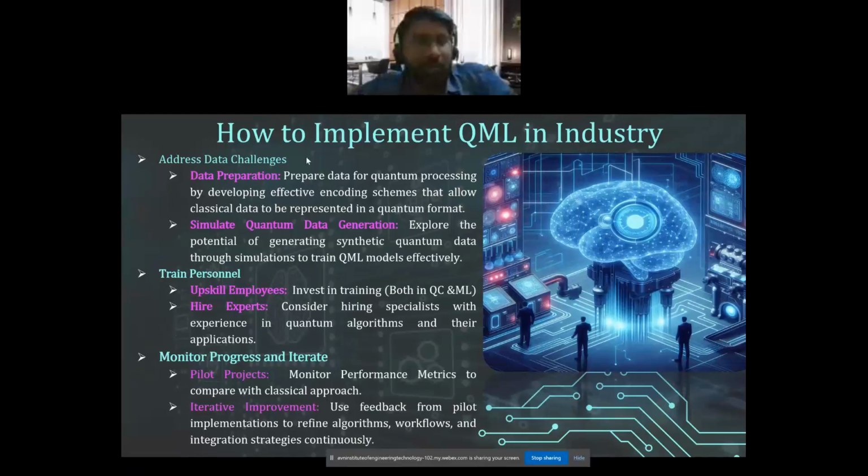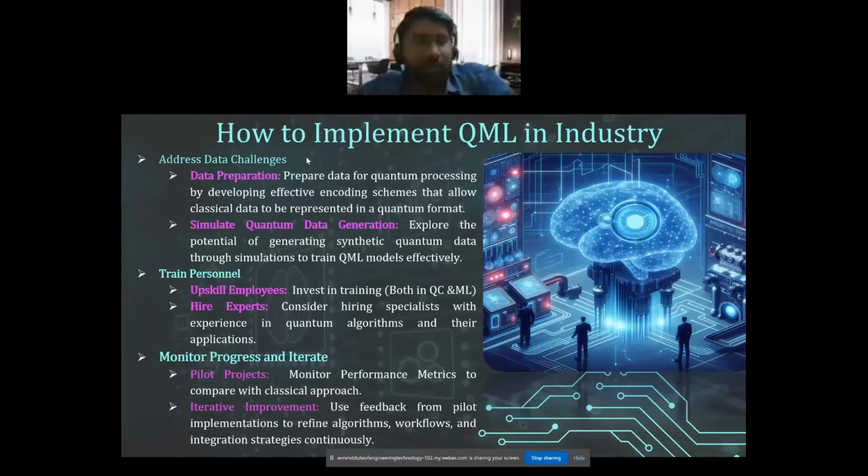We can refine the algorithms and workflows, and on data preparation we can feed more data or improve the performance metrics in quantum machine learning. These are the feedbacks we get from the pilot projects.